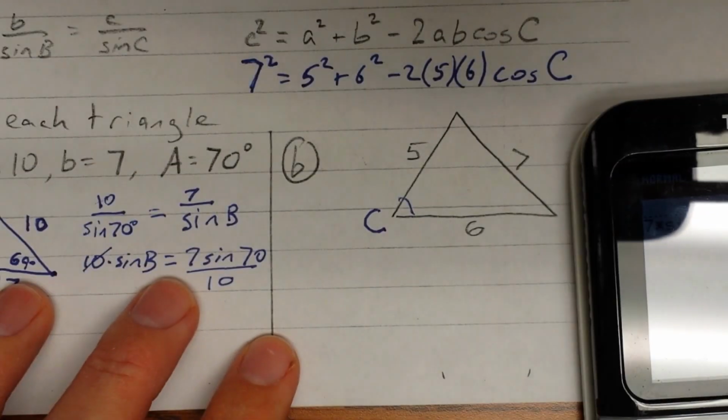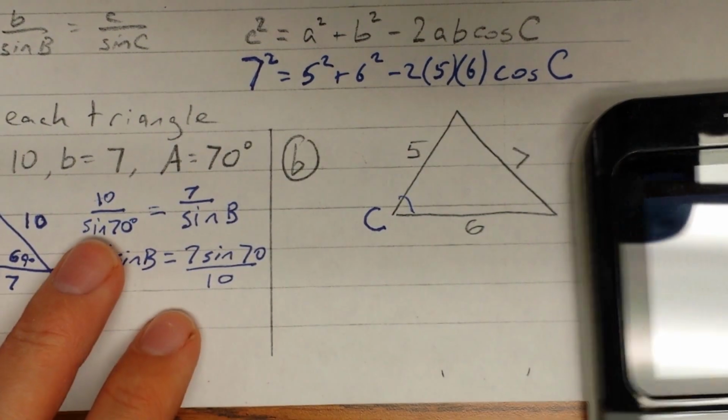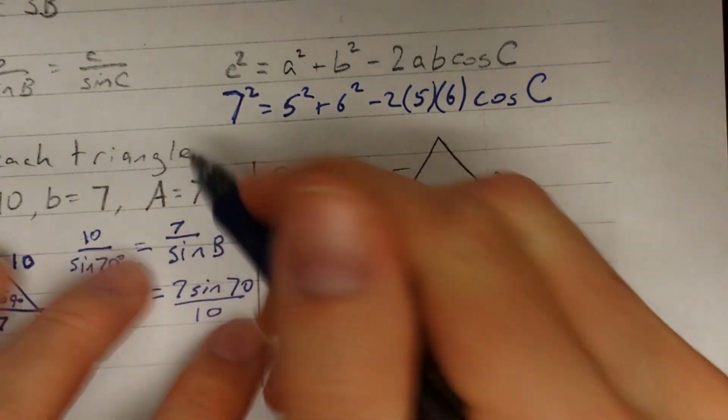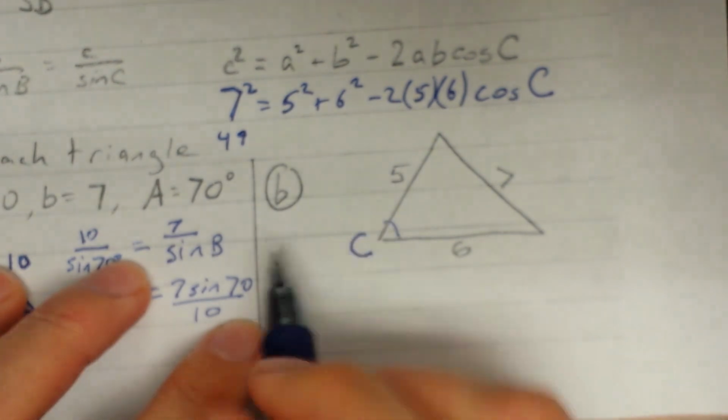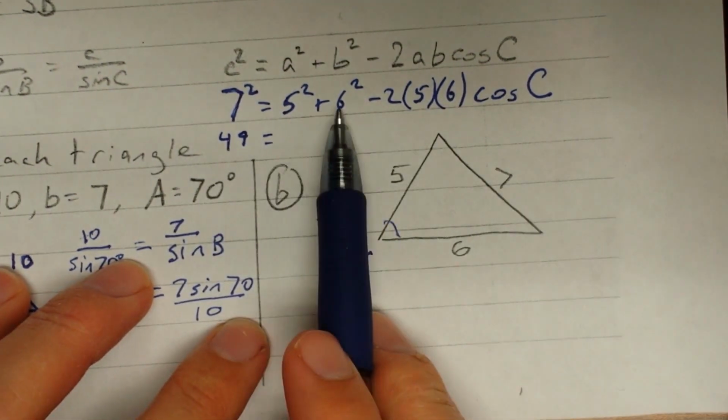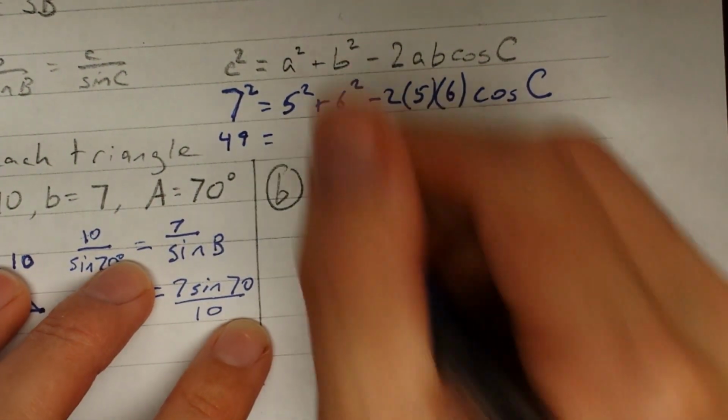So now we're gonna square these numbers, combine some like terms, etc. So here we get a 49. That's 25, and that's 36. Add them together, and you get 40, 50, 61.